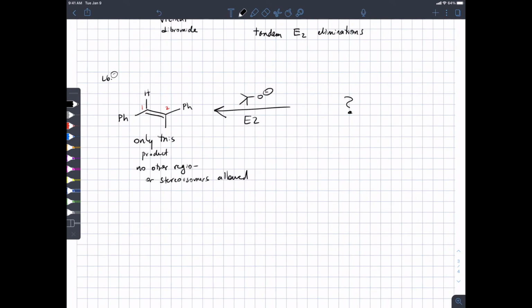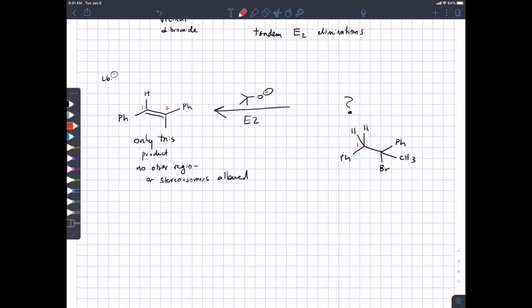Remember, an E2 reaction removes a proton on one of the carbons and a bromide, or a leaving group, on the other. So let's just for fun say that we're going to put the leaving group on carbon 2. That would put the extra proton that we just lost on carbon 1.